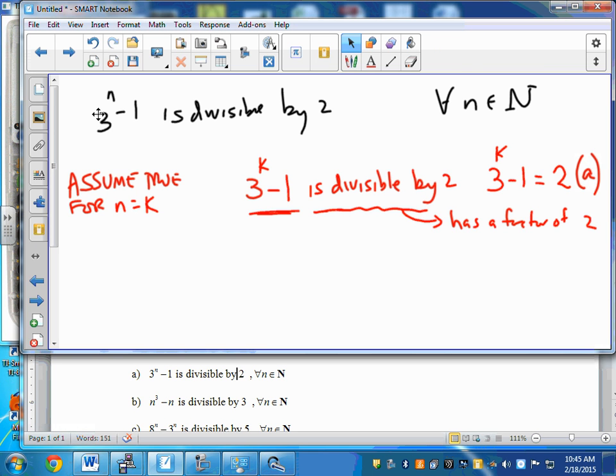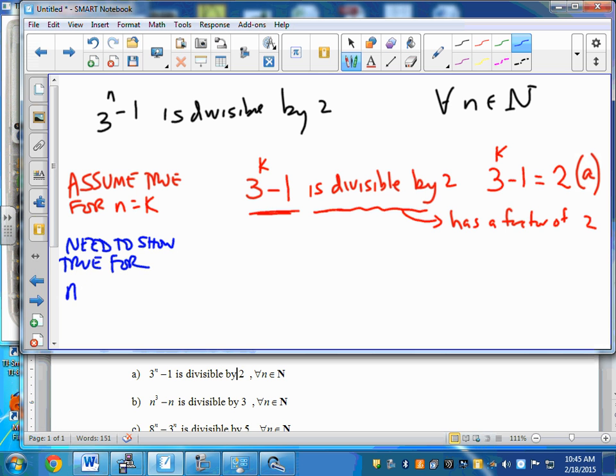What do we need to show? Need to show true for n is equal to k plus 1. But again, specifically, what does that mean? 3 to the k plus 1 minus 1 is divisible by 2. That's what we need to show.